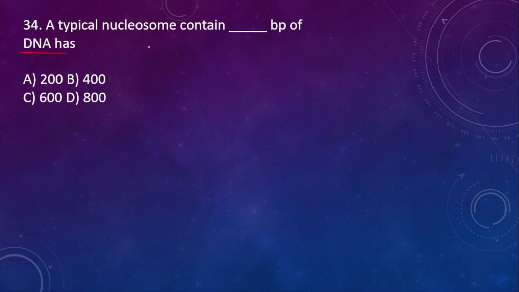See, the DNA is too long, isn't it? It's almost about 2 meters long. How is that 2 meter long DNA going to be present in a small tiny area called the nucleus? This much long DNA is situated in this small tiny area called the nucleus by the packaging method.